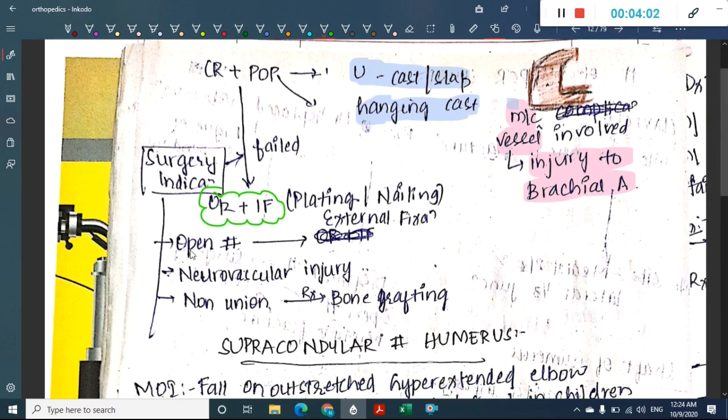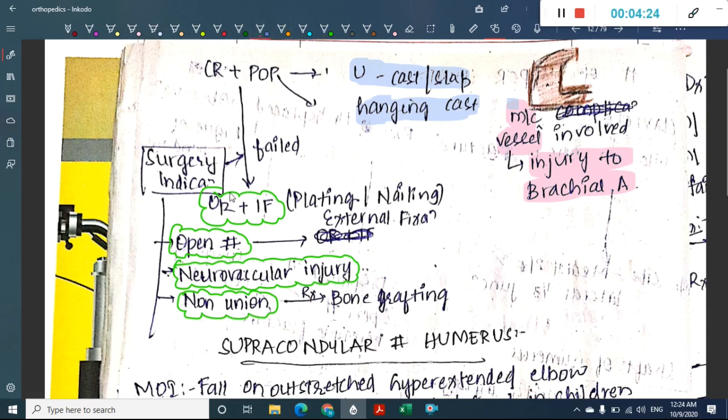Now, in this open reduction and internal fixation, what are the surgical indications? When there is an open fracture, you can do this open reduction and internal fixation. If there is any neurovascular injury, you should do open reduction and internal fixation. If there is non-union, even then you should do it.